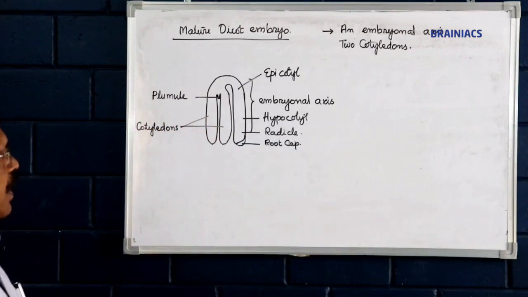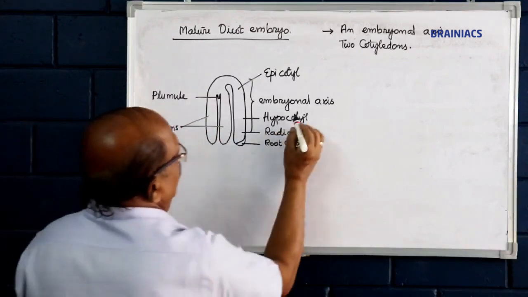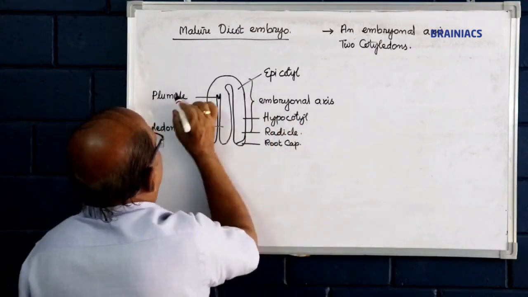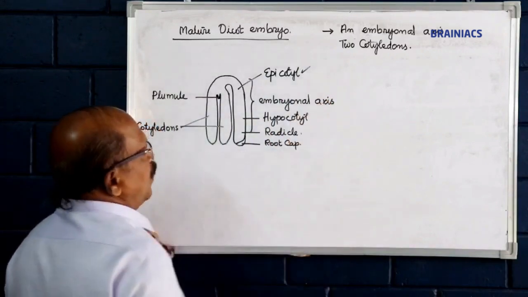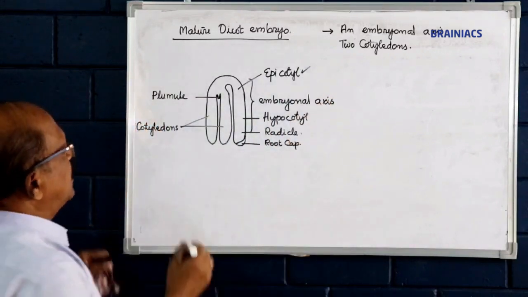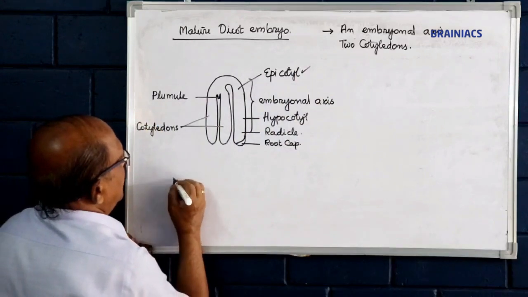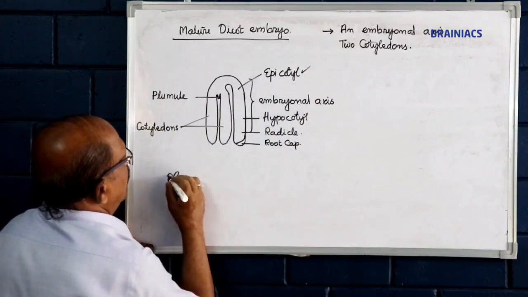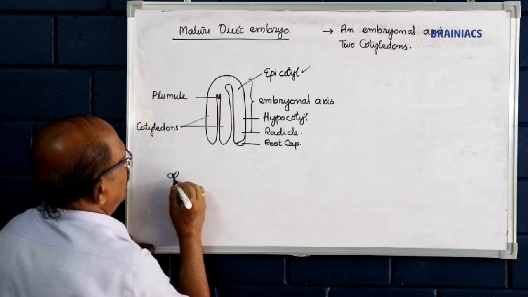So typically we can say the part of the embryonal axis above the plumule is called the epicotyl. That means while we examine a new plant, cotyledon, plumule.